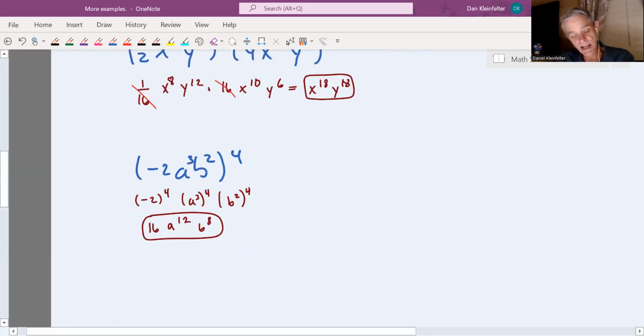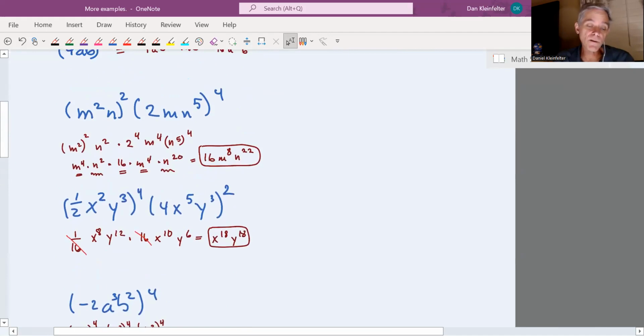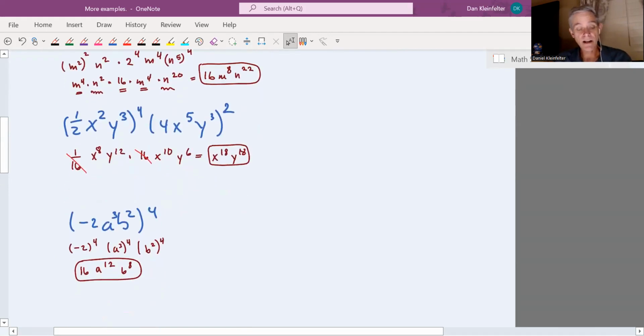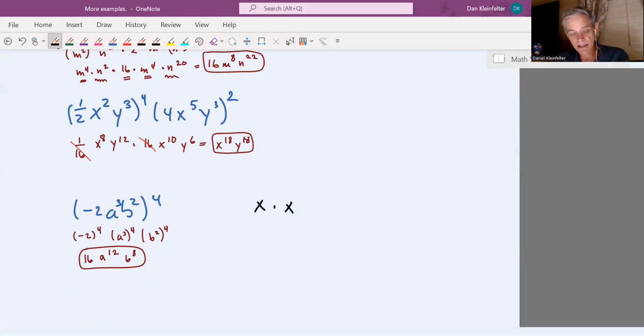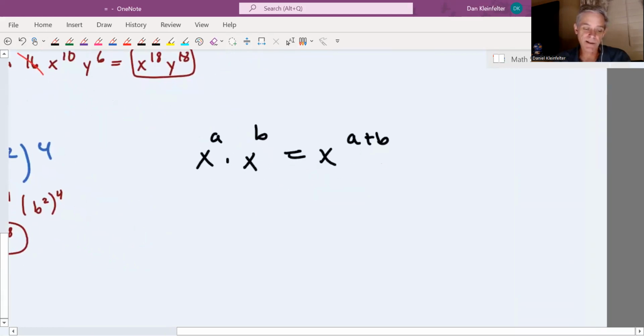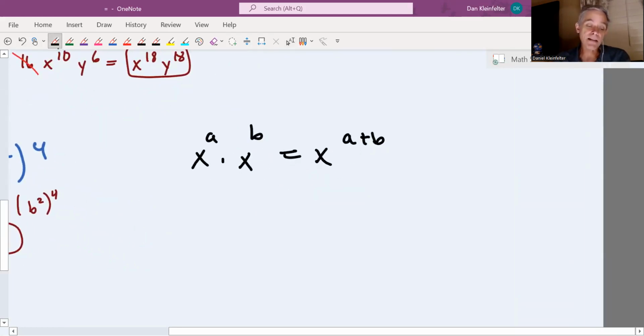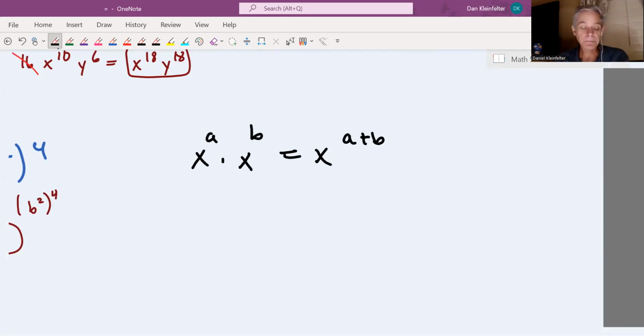Okay, so this takes care of all of the exponent rules for this section. Just to recap, we saw that there were basically 3 that we had. If you have the same base and you're multiplying, then you keep the same base and you add exponents. I may be using different letters this time, but that's okay. x to the a power times x to the b power will be the same as x raised to the a plus b power.